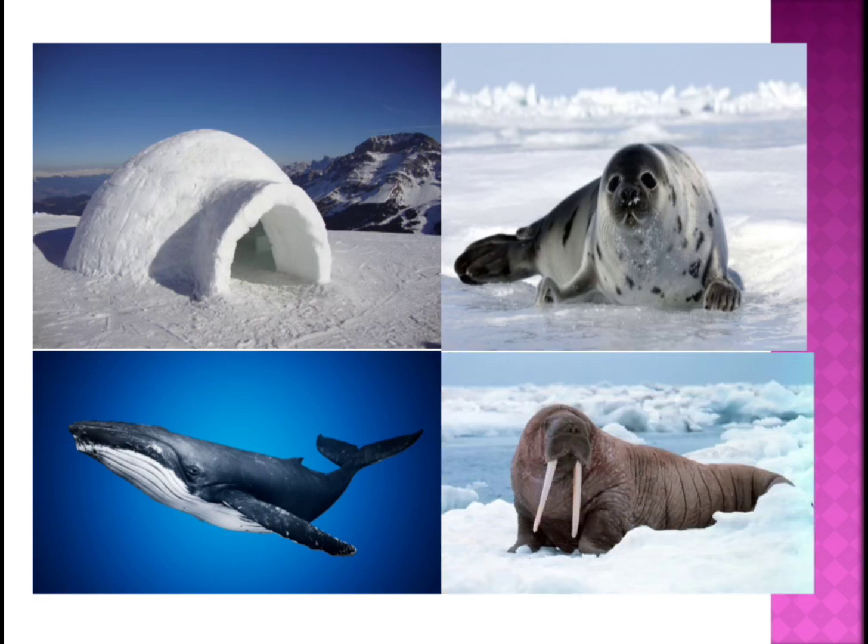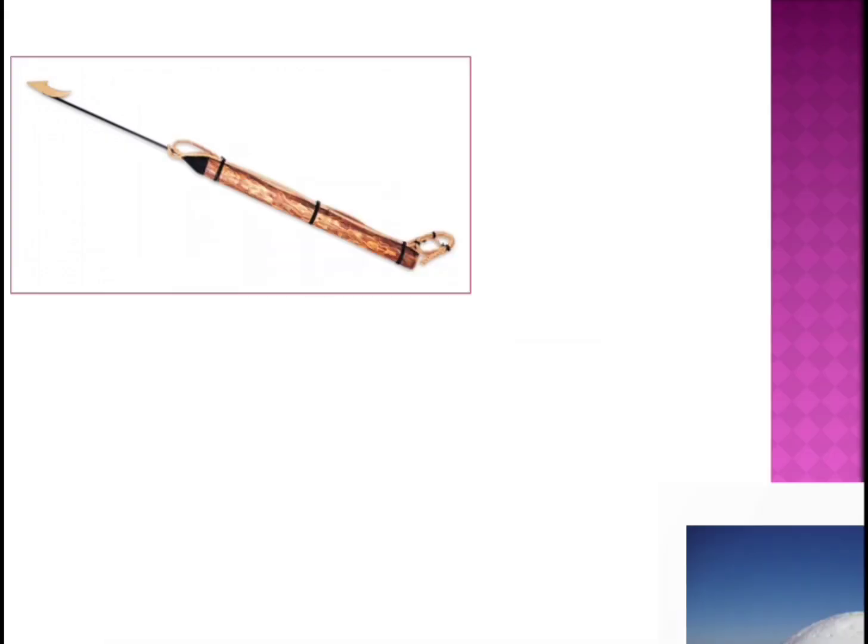So they hunt these animals and they lead their life. And with what do they hunt? With the harpoon. So this is the harpoon, children. With the help of this harpoon, they kill those animals like walrus, whales and seals for their meat so that they can survive in that region.